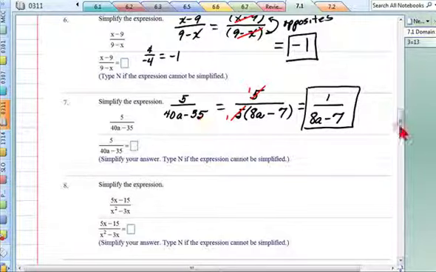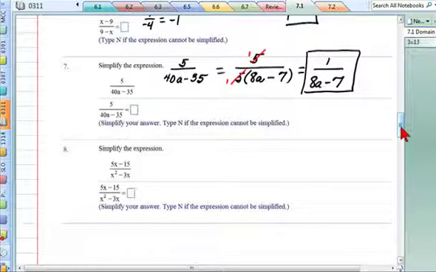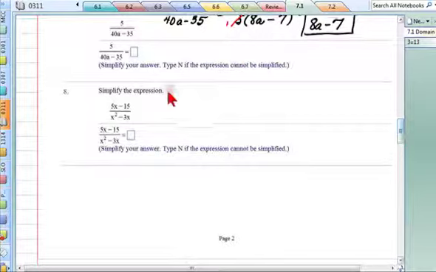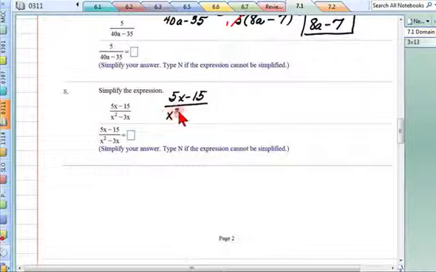Okay, let's go on. What number are we? We are on number 8. I have 5x minus 15 over x squared minus 3x. If someone asks me to simplify, do not touch the problem till you've factored.